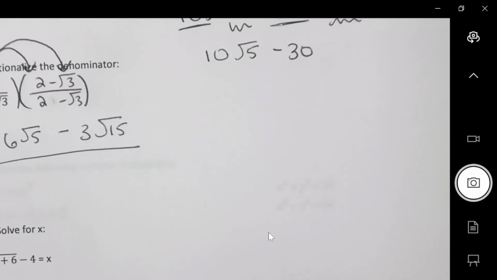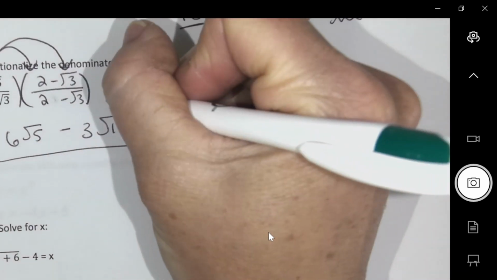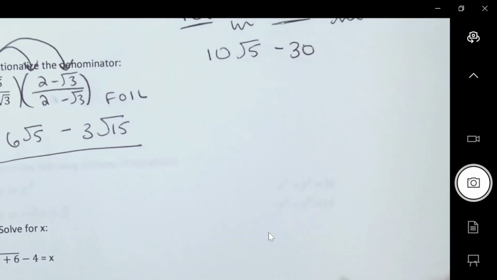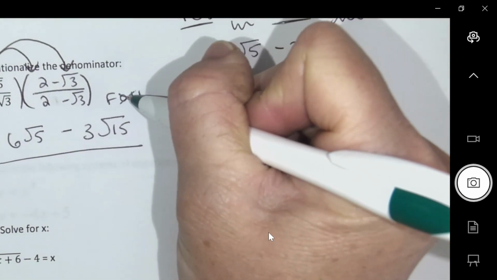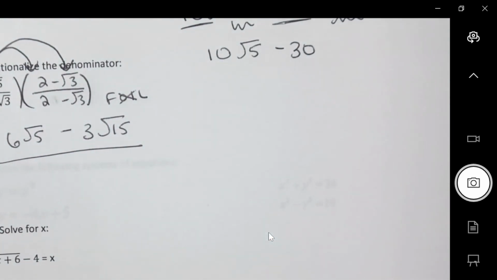Okay, on the bottom it is a binomial, which would make a FOIL system. But what's the trick when conjugates happen? What's the shortcut now? What happens to this? They would cancel, so I'm not even going to bother because I know that will happen.